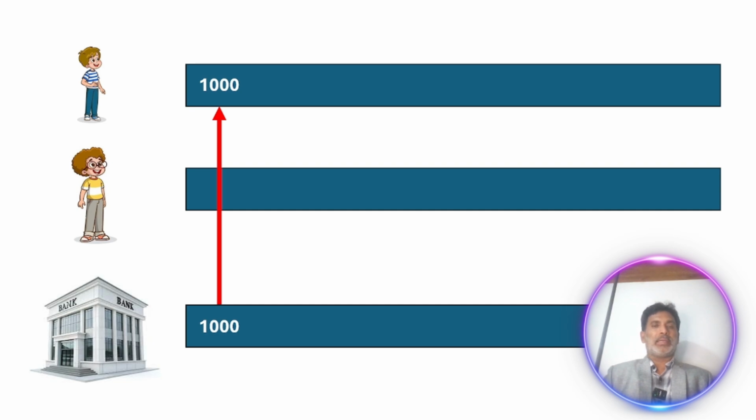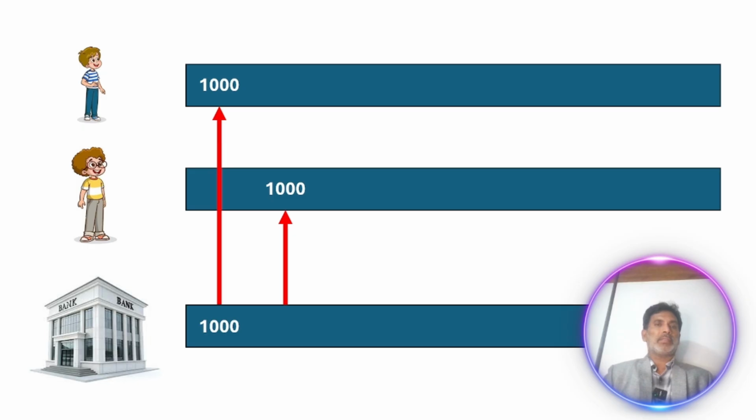So you read a value, that is nothing but the bank balance in this account, which is currently 1000 rupees. Then your friend also, because he is going to deposit money, has to read the data item from the bank, that is the bank balance. Both have read the same balance, that is 1000 rupees.